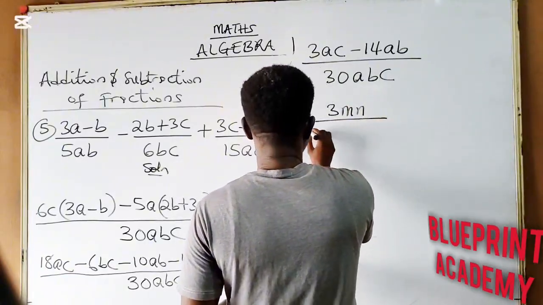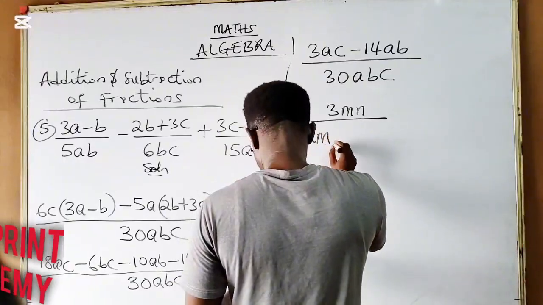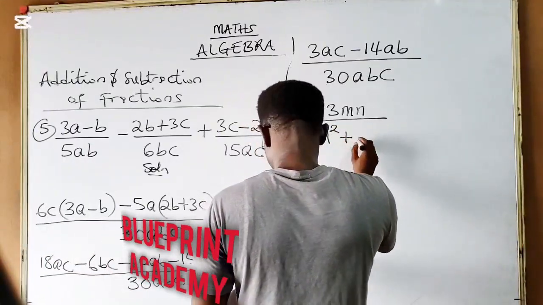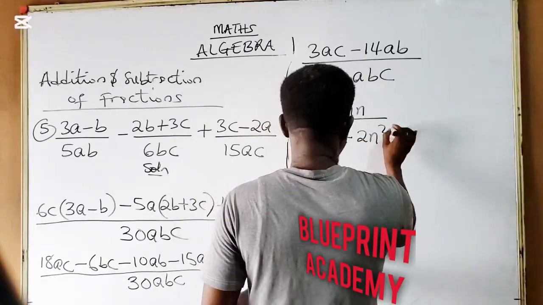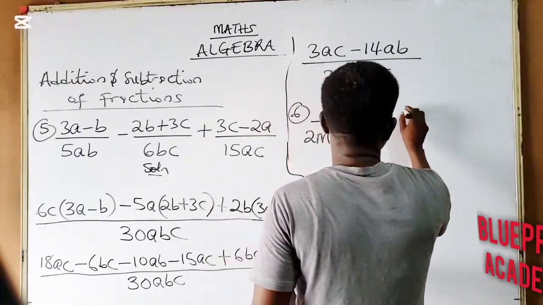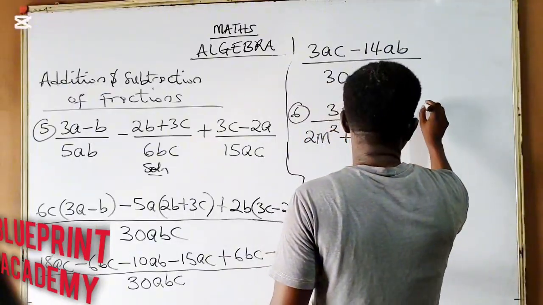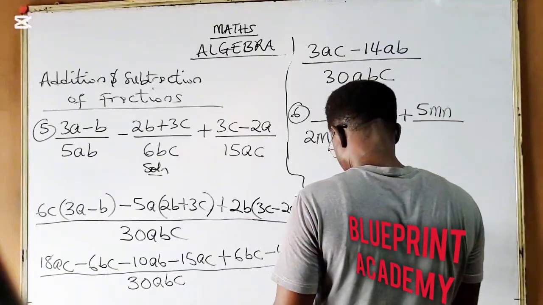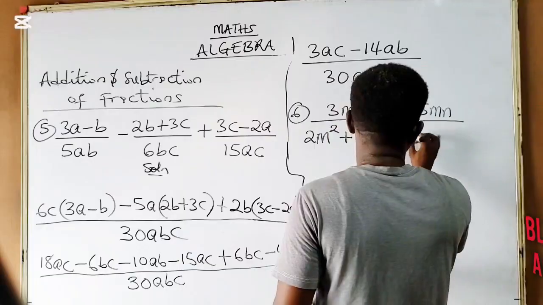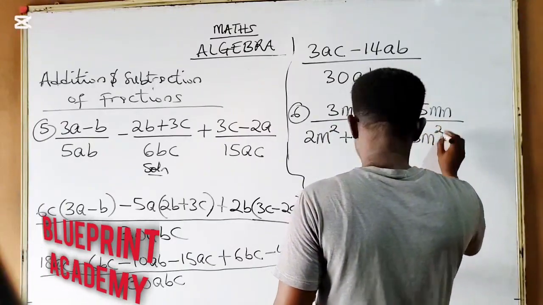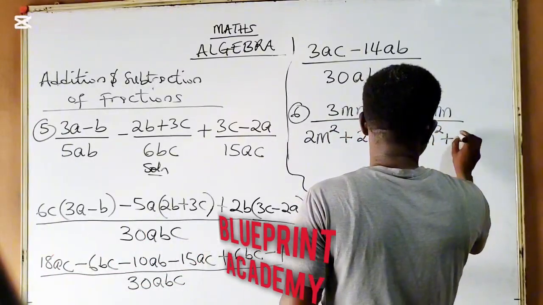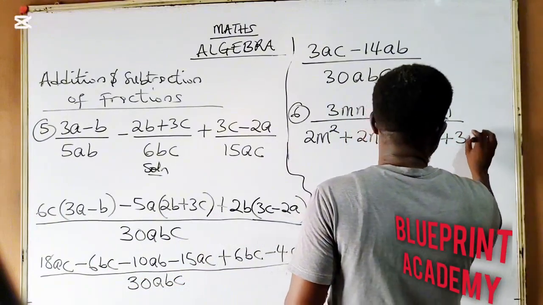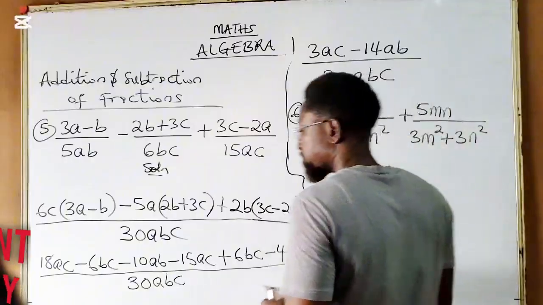Simplify 3mn all over 2m squared plus 2n squared, plus 5mn over 3m squared plus 3n squared.